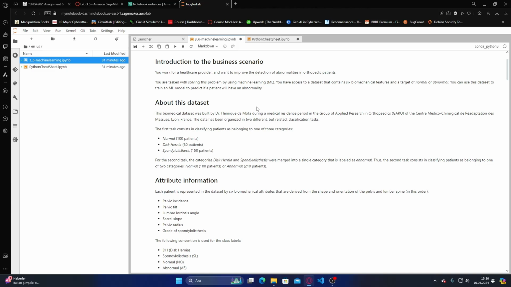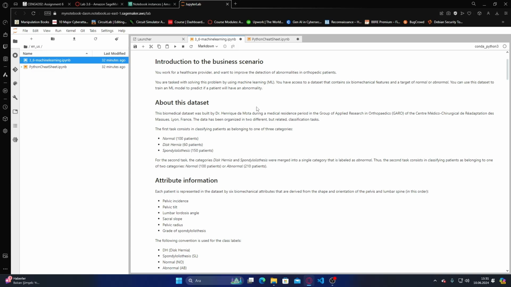About this dataset, the biomedical dataset was built by Dr. Henrique da Mota during a medical residency period in the Group of Applied Research in Orthopaedics of the center in France. The data has been organized in two different but related classification tasks.